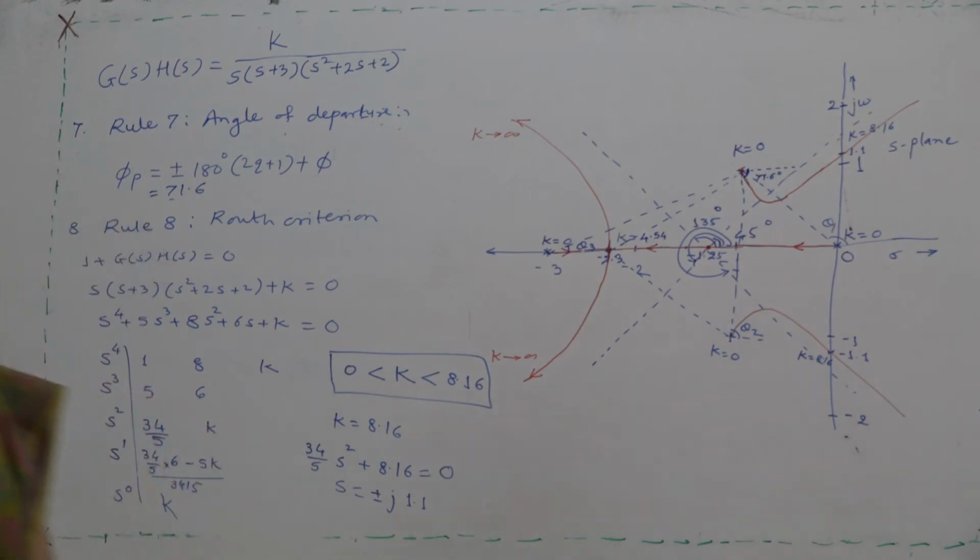As it increases from 0 to 8.16, the roots follow this path. When k varies from 0 to 8.16, the locus of the roots is this, and if it is greater than 8.16, the system becomes unstable.